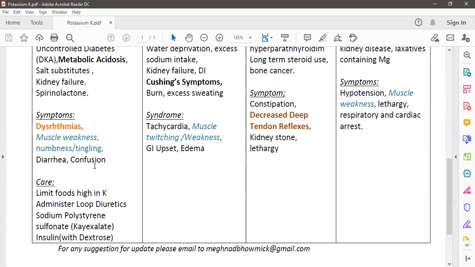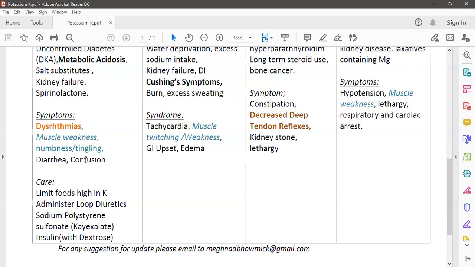Diarrhea, confusion, and irritability are very common, right? Some books say in hyperkalemia, the patient develops paresthesia and numbness in the extremities.